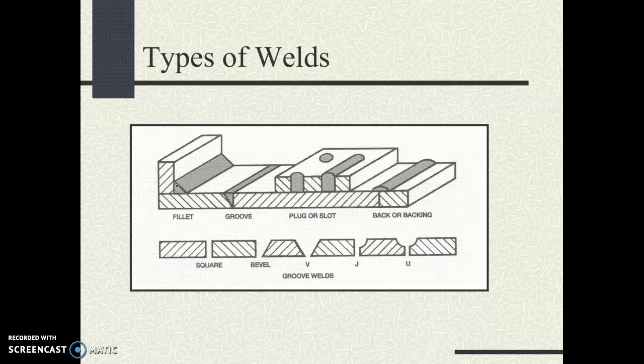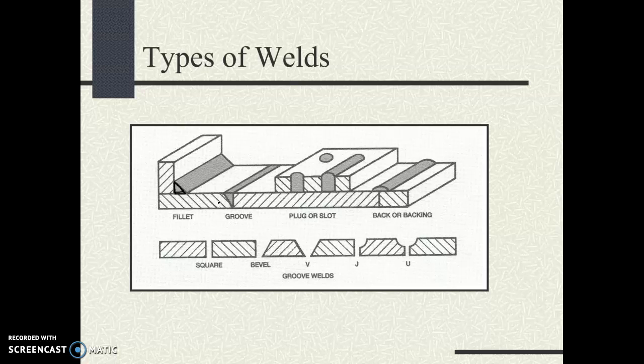In cross-section, a fillet weld looks like a triangle, and as we'll see later, the symbol for a fillet weld is a triangle, so that's where it comes from. It comes from this basic shape, and then it goes along the length of the joint. And it may be continuous, or there may be increments of weld with spaces in between.